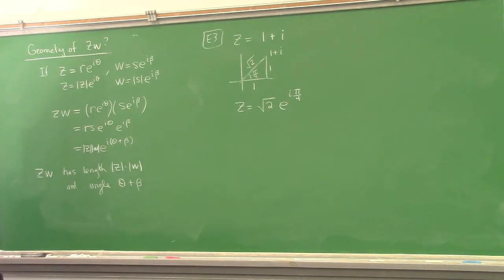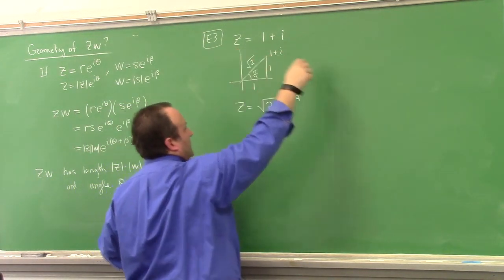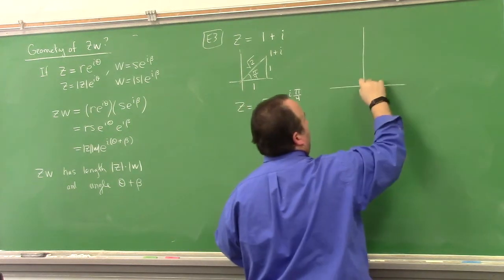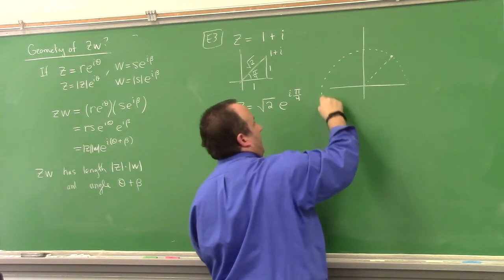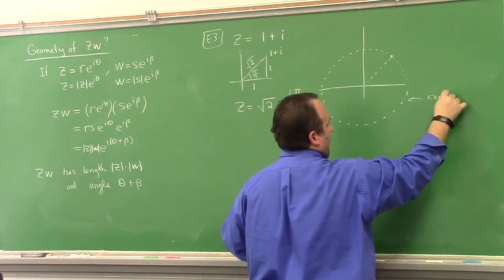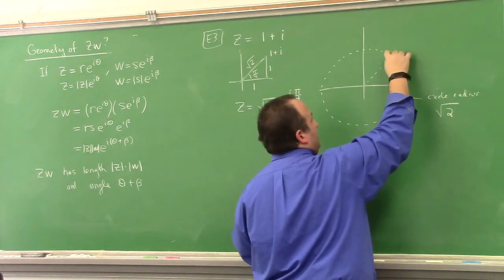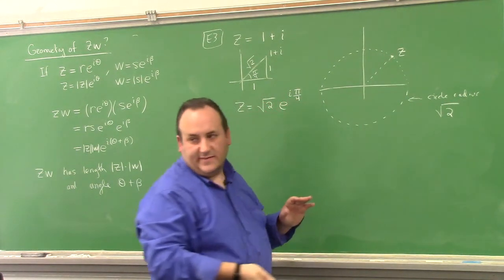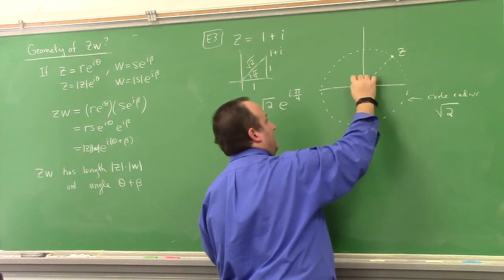All right. Now, to illustrate the geometry comment I just made, let's see what happens when we multiply this by e to the I pi over 2. If I think about the circle, this is supposed to be a circle of radius square root of 2. So here's my z. If I were to rotate this by 90 degrees, where would it be? Over here, right?